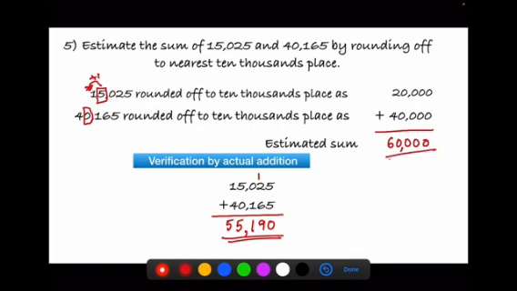So the actual addition is 55,190. The estimated sum is 60,000. Now moving on.